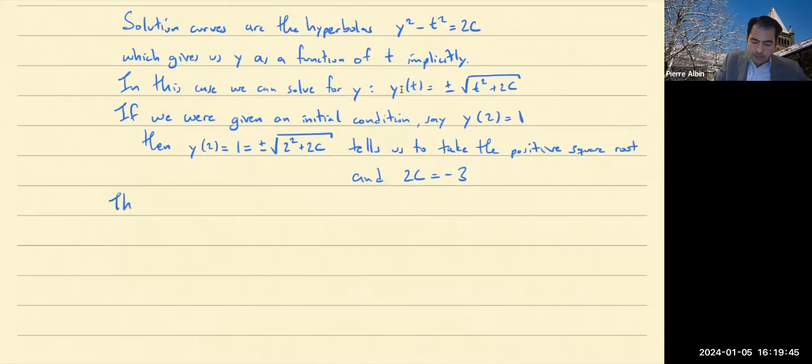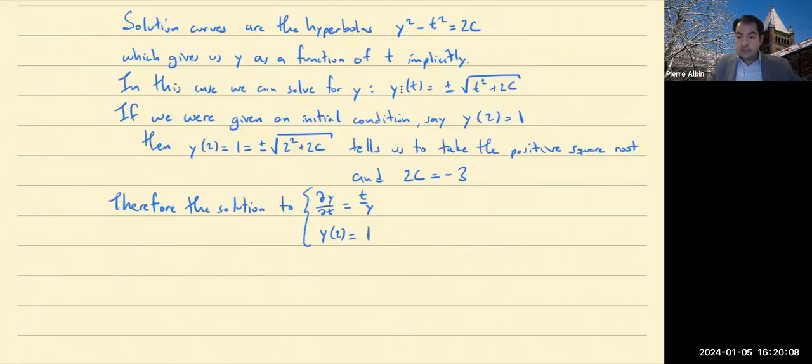So therefore, the solution to the differential equation dy dt equals t over y, together with the initial condition y of 2 equals 1, is y of t equals square root of t squared minus 3, right?